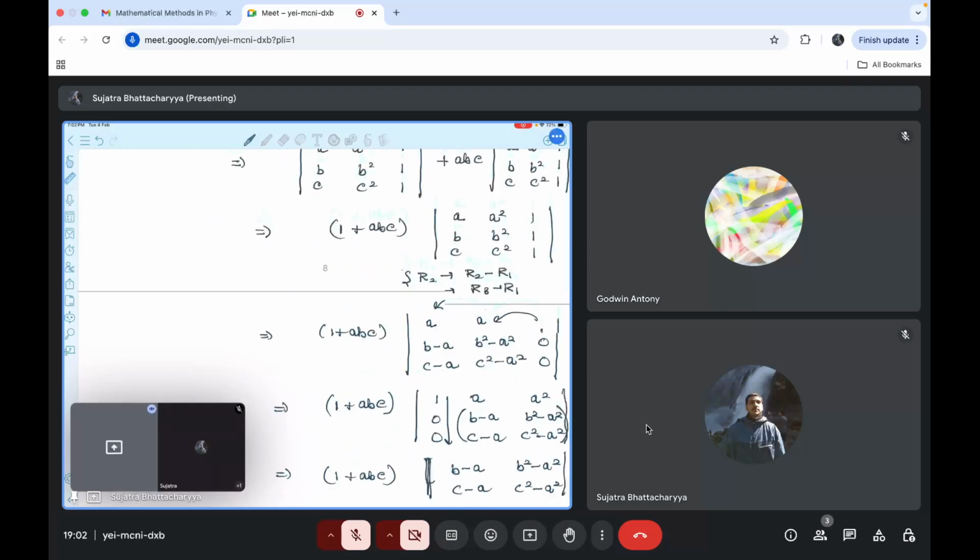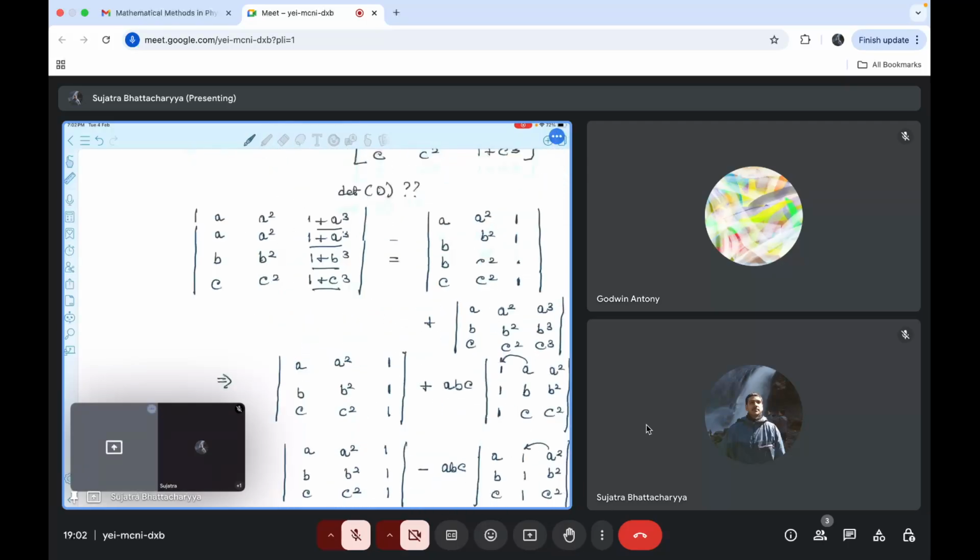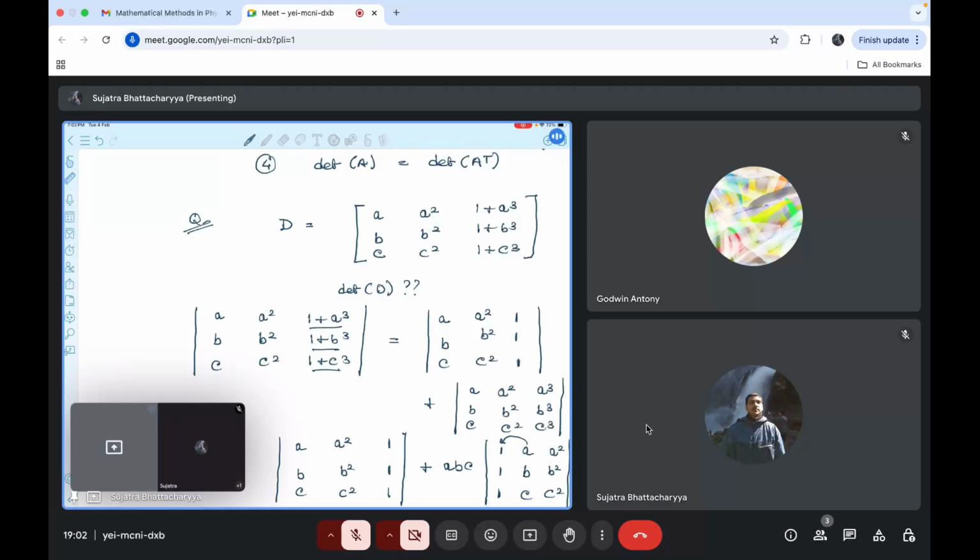So finally this is the answer using the properties of the determinant. So this is how one can approach the final solution of the determinant. When you have to calculate this kind of a large matrix, it is very difficult to do the actual process of the determinant. Better to calculate using this.